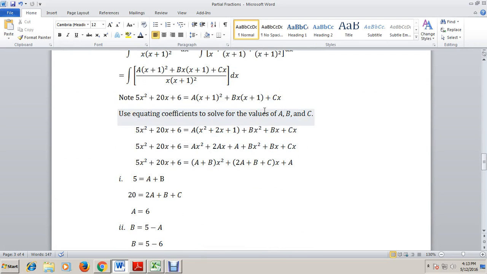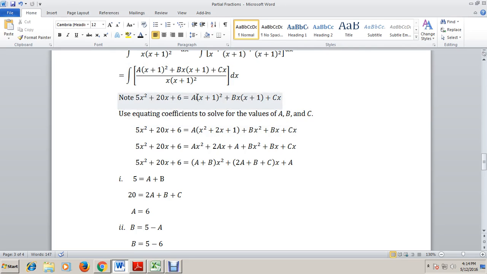Now, in order to perform the equating of coefficients and solve for a, b, and c, we need to first simplify the expression into the form of having an expression for x squared, for x, and for the constant.